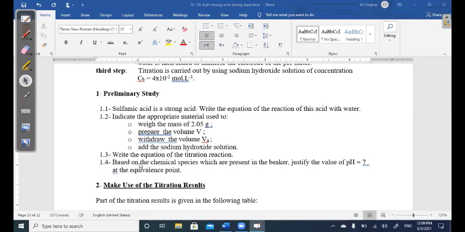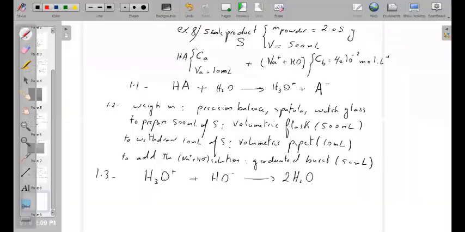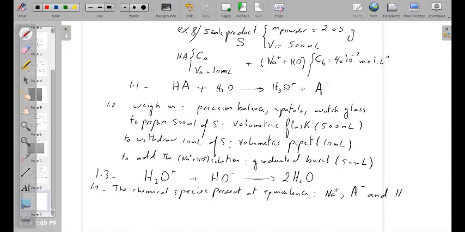1.4, based on the chemical species which are present in the beaker, justify the value of pH equals 7 at the equivalence point. The chemical species present at equivalence are Na+ from sodium hydroxide, A- from sulfamic acid, and H2O.